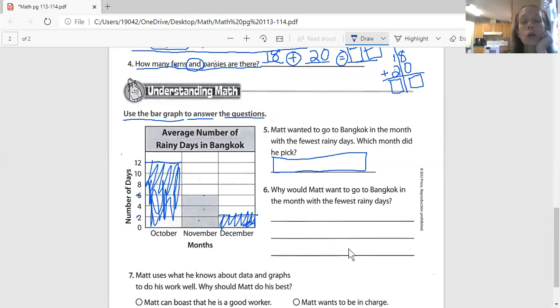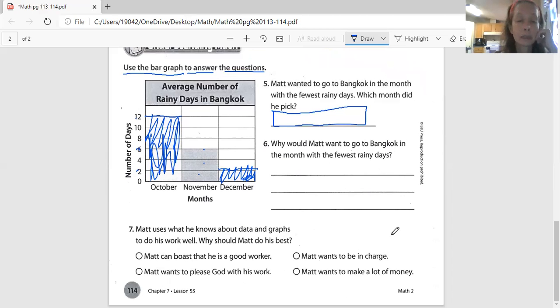Why does he want to go in a month that has few rainy days? Maybe because he could do more outside on days that are mostly sunny. So maybe you want to write something in here about how he can be outside. He can go outside on these days. Find some words in here to tell me why he would choose days that are sunny as opposed to days that are rainy.